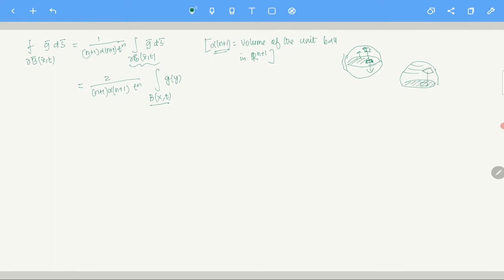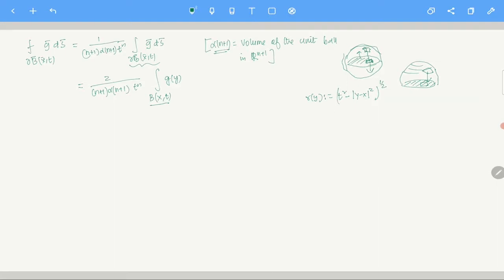Let's say we are projecting it here, and of course, what is the graph of the upper sphere, the hemisphere? Basically that will be given by gamma(y), which is just (t squared minus mod y minus x squared) whole power half, right? The graph of this function.